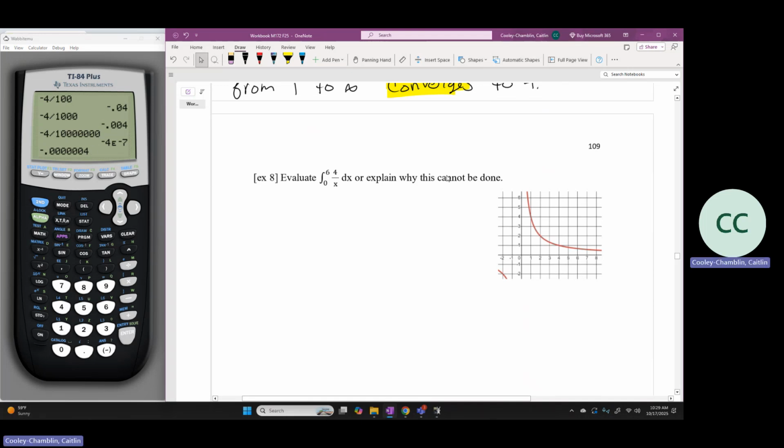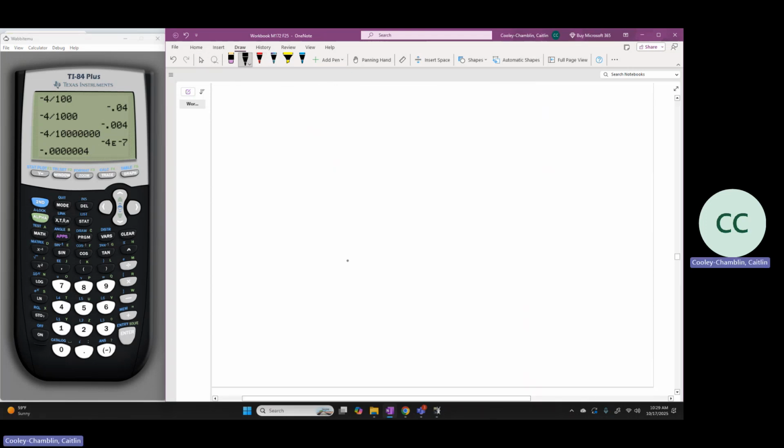So moving on to example 8, it says evaluate the integral from 0 to 6 of 4 over x dx, or explain why this cannot be done. Remember, I'm going to drop to the bottom and write this.